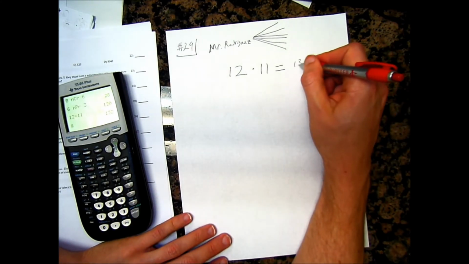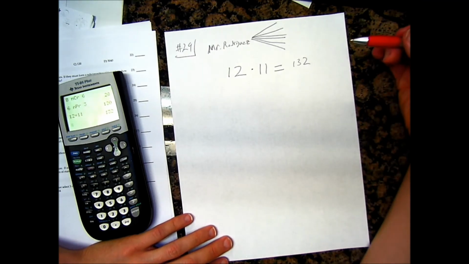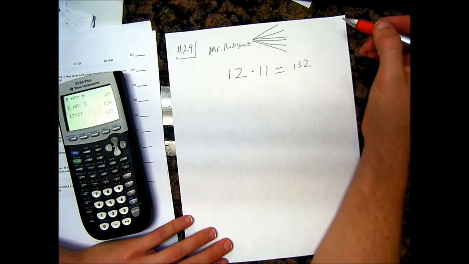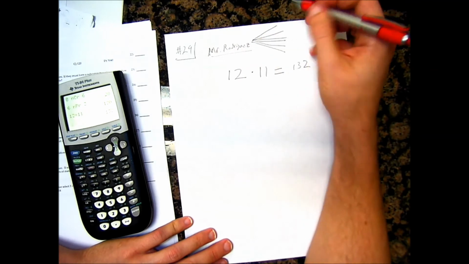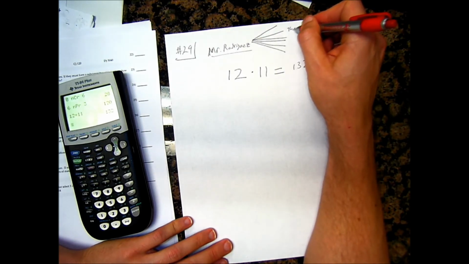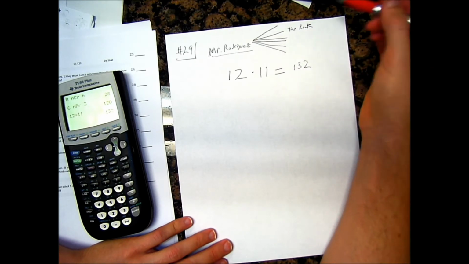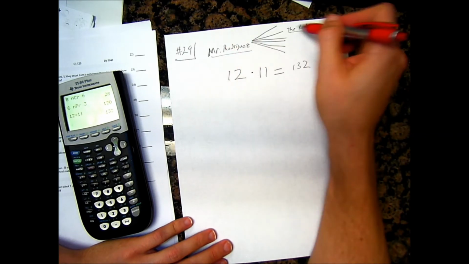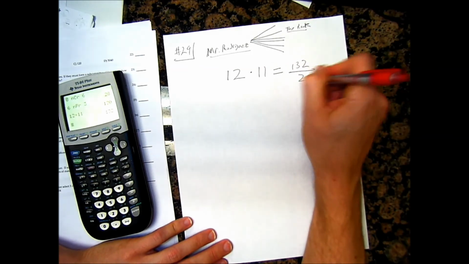I get 132. But if I think a little bit more about it, the question is, how many matches are there going to be? So one match takes care of Mr. Rodriguez wrestling The Rock, and then that also takes care of The Rock wrestling Mr. Rodriguez. So you have 2 things being taken care of at once, and then you divide.